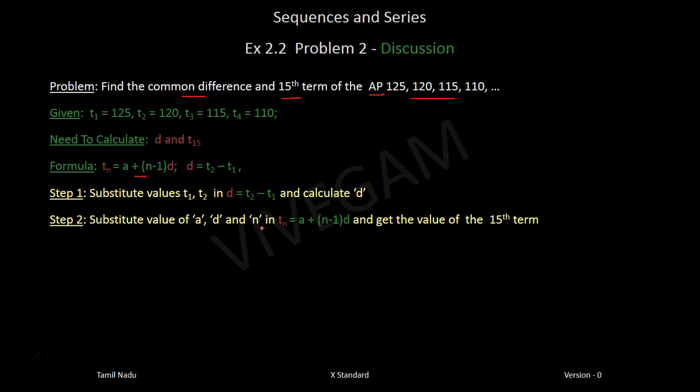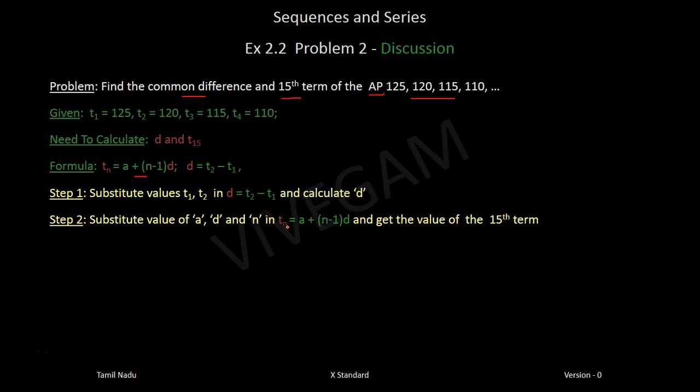In the formula Tn equal to A plus n minus 1 into D, we know A, we know n is 15, and we know D from step 1. So substitute all these values and calculate the nth term, which is Tn. It's an easy problem. So pause the video here and try to work this problem on your own, and after working, come back and check your answer.